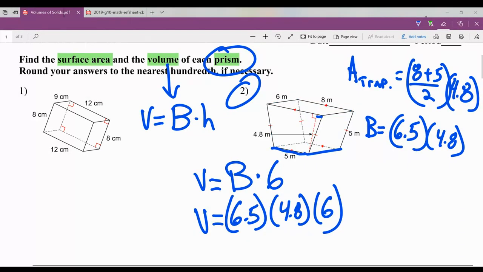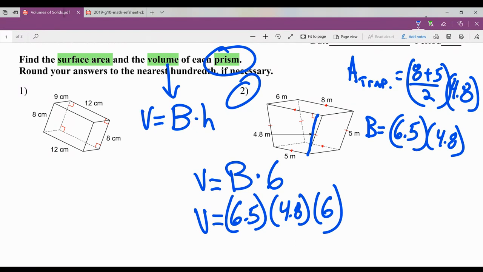But while we were trying to calculate the area of the base, we had to find the height of the trapezoid. So remember that base does not mean bottom. Height does not necessarily mean from bottom to top. Height would be the distance between the two bases.